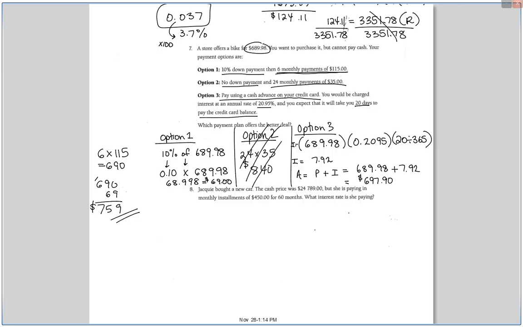So the best option is clearly option 3. Less than 759, less than 840. So the big idea coming out of this lesson is the ability to do these credit card calculations when you're given an amount in days.